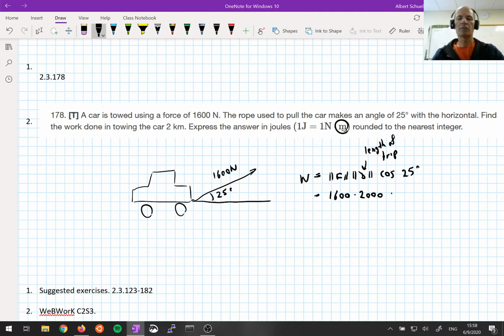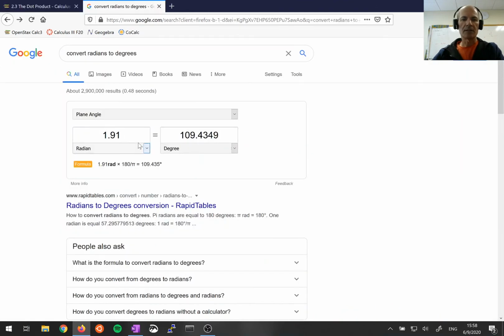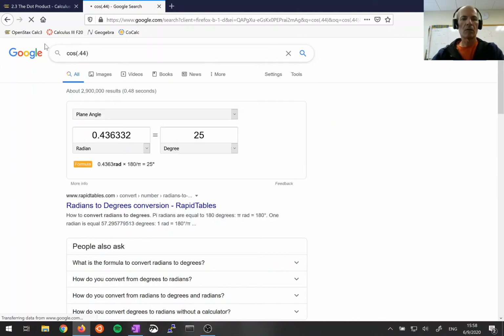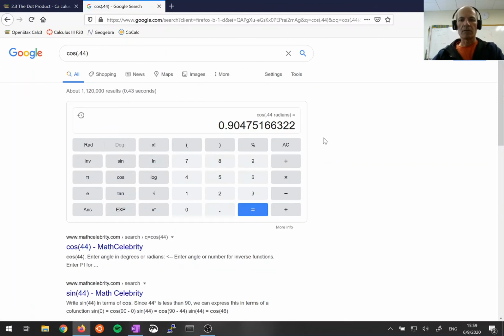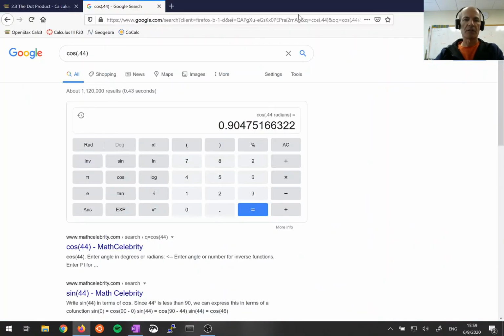And then the cosine of 25 degrees. That's 0.44 radians, and we want the cosine of 0.44. That's going to be 0.9. And we can then just do the full calculation.